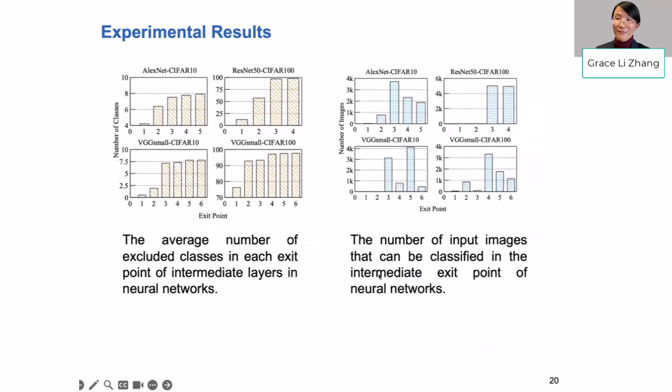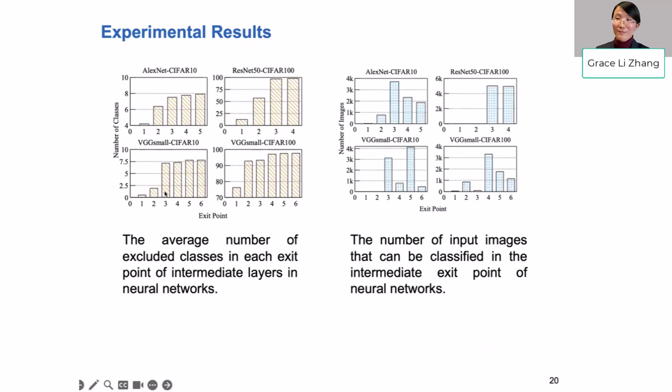And these two tables show the number of images that can be classified in the intermediate layers. For example, on VGG, you see that none of the images can be classified in the first layer and second layer, but still we can exclude some classes in the first and second layers, so that we can exit earlier compared to the previous early exit work.